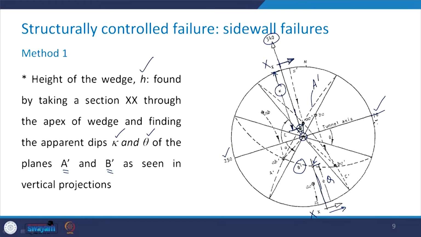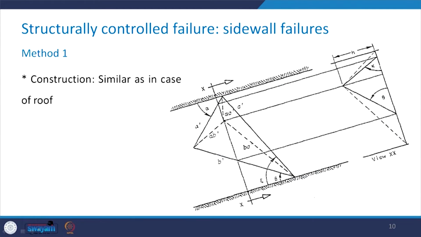So, this we can find out from the stereographic projection. Then the construction will be done exactly along the same lines as we did in the case of the roof failure. So, we take any point, draw lines parallel to the traces A prime, B prime and C prime, and we get this triangular shape of the wedge like this, and this is the third side.